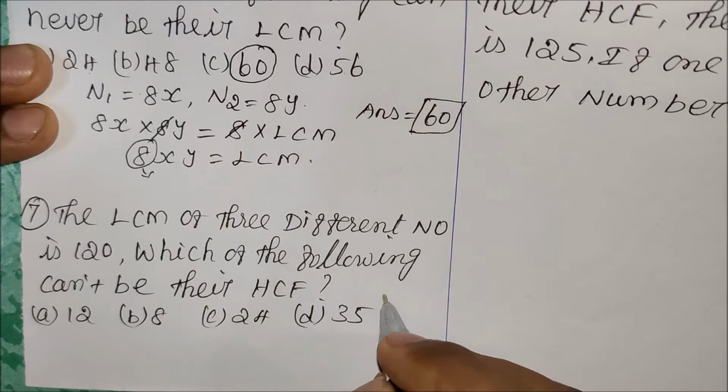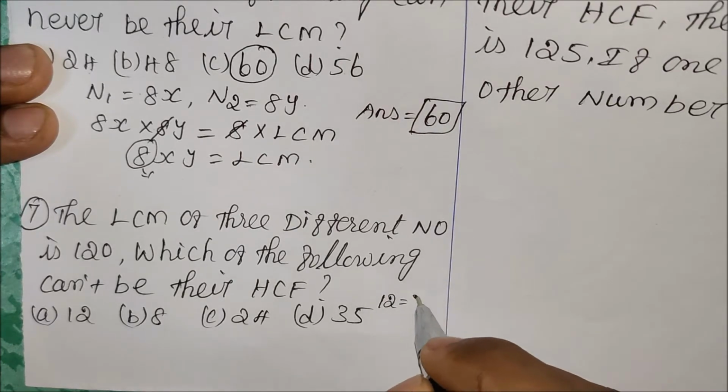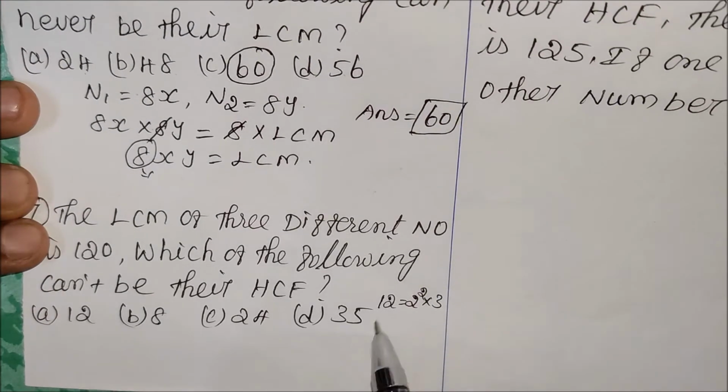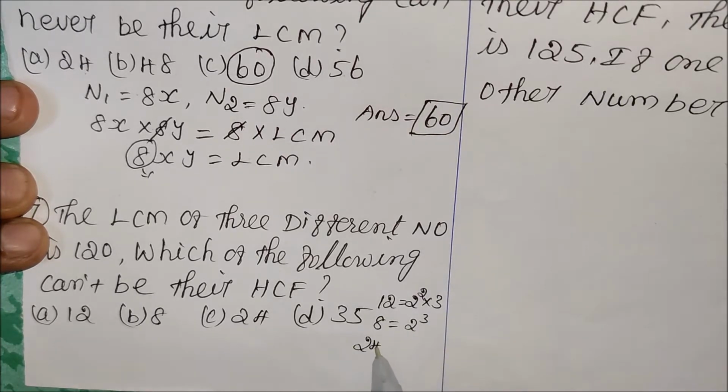For 12 the prime factorization is 2 square into 3. For 8 it is 2 cube. For 24 it is 2 cube into 3. For 35 it is 7 into 5.